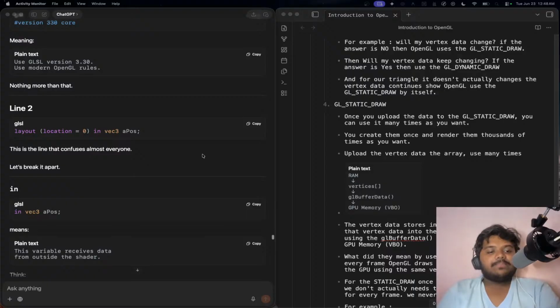In vec3 pos, this is a variable that receives data from outside the shader. So it is the thing that receives the variable from outside the shader, meaning it has something in it. I don't know how to describe it exactly, but something like that.